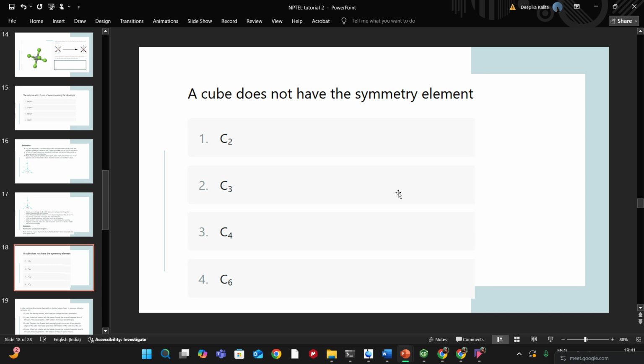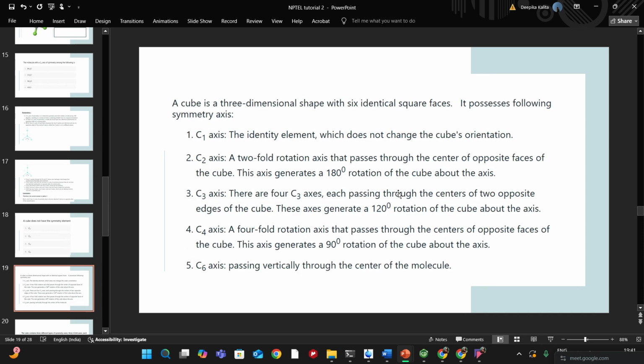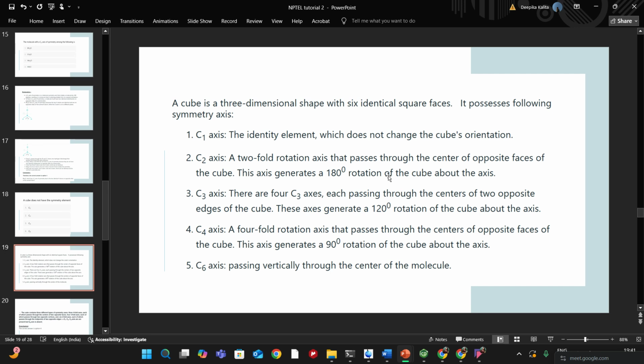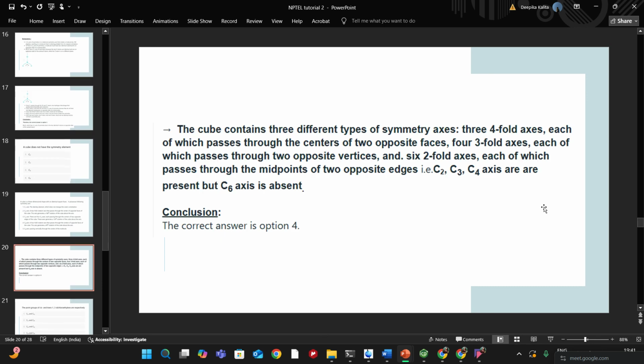So the next question is, a cube does not have the symmetry element C2, C3, C4 or C6. So these are the definitions of the various symmetry elements which are listed in the question.